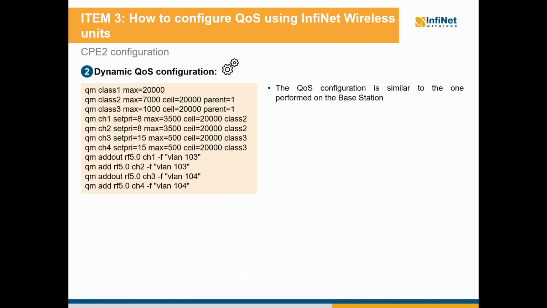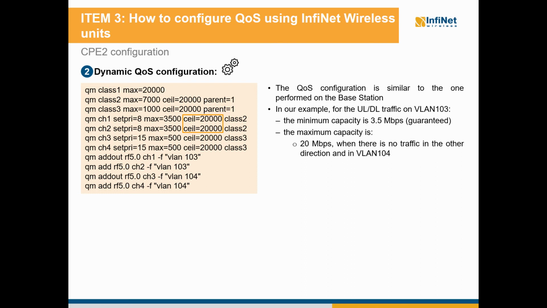The dynamic QoS configuration of CPE2 is similar with the one performed on the base station. For the uplink and downlink traffic on VLAN 103, the minimum guaranteed capacity is 3.5 megabits per second, so the 7 megabits per second CIR of PC3 is split 50-50 between uplink and downlink.